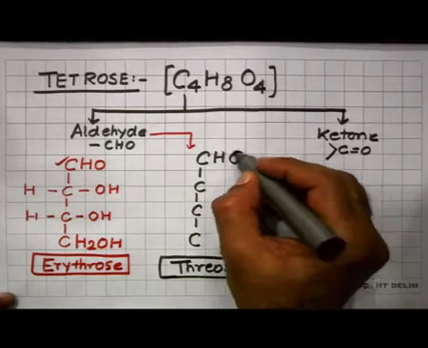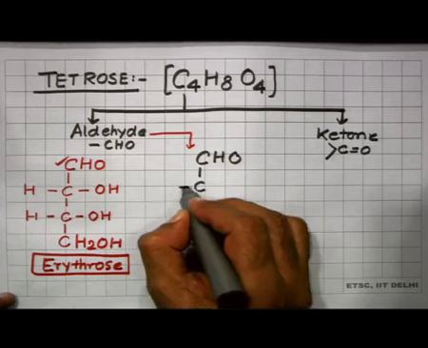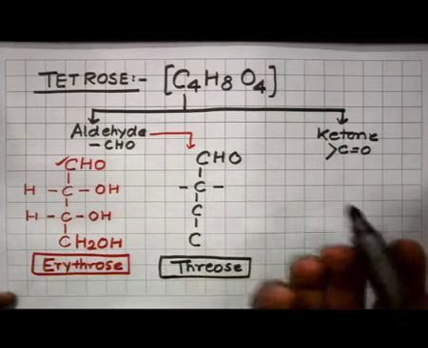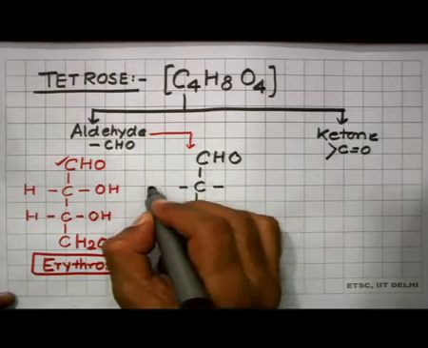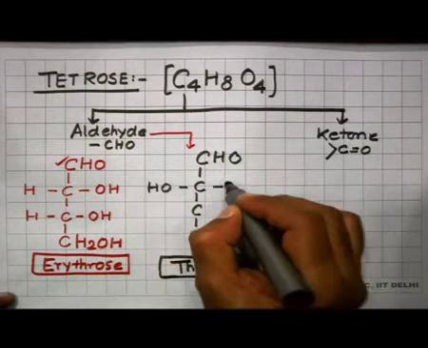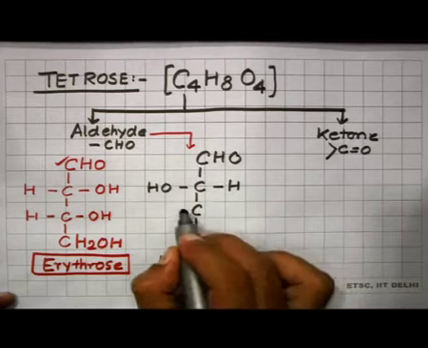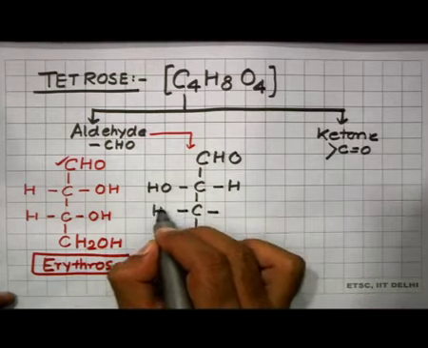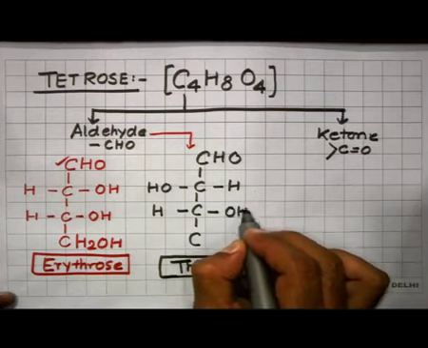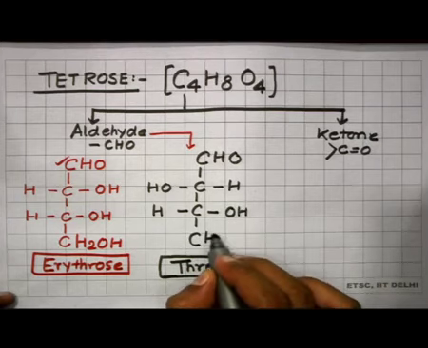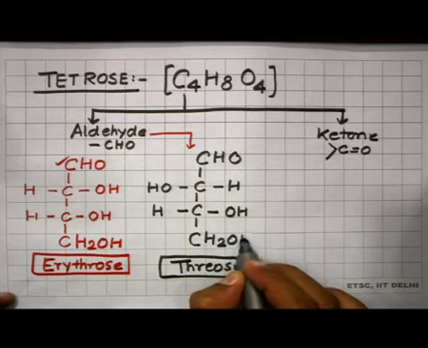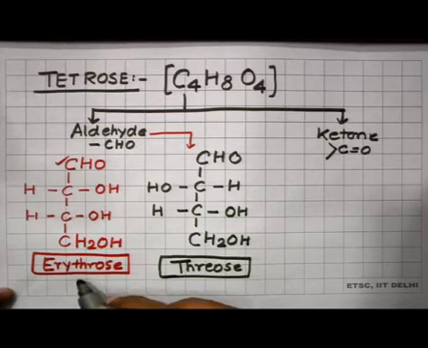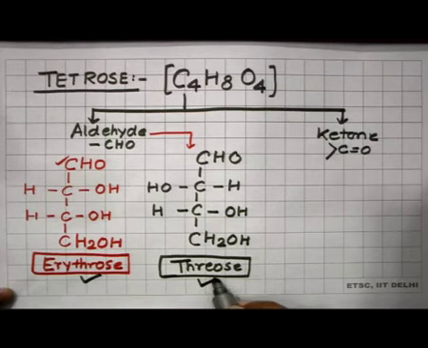Now, in the second position the HOH is going to be changed. The OH group is found on the left side and H is found on the right side, and same as erythrose, the third position has HOH and the fourth one has CH2OH. So, we can easily write 2 tetroses, erythrose and threose.